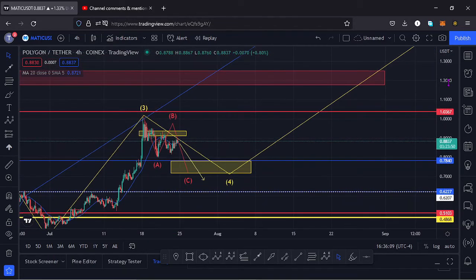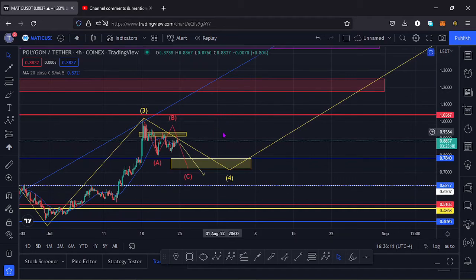So I hope that doesn't happen and the price of Polygon Matic continues to respect that. It's also possible that Polygon Matic can have higher volume and continue pushing to the upper side and break above this high that we made over here, which I believe is the high for that wave 3, and get into this key area of resistance at around the $1 mark.